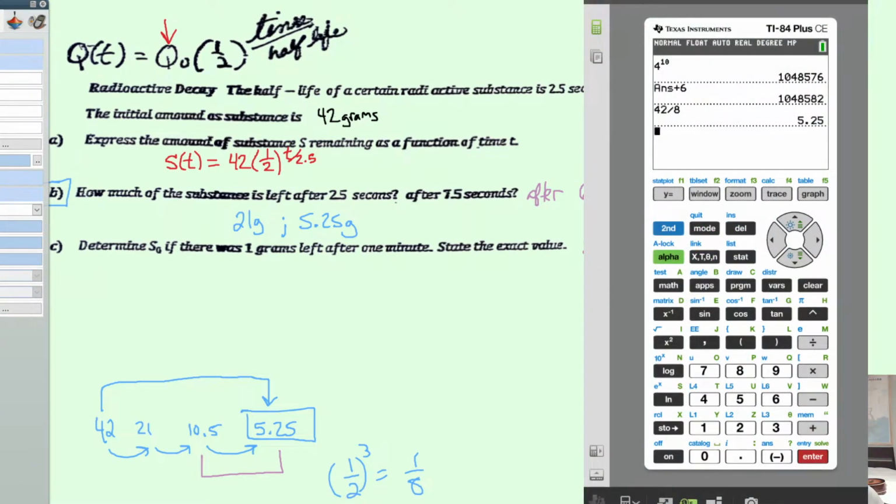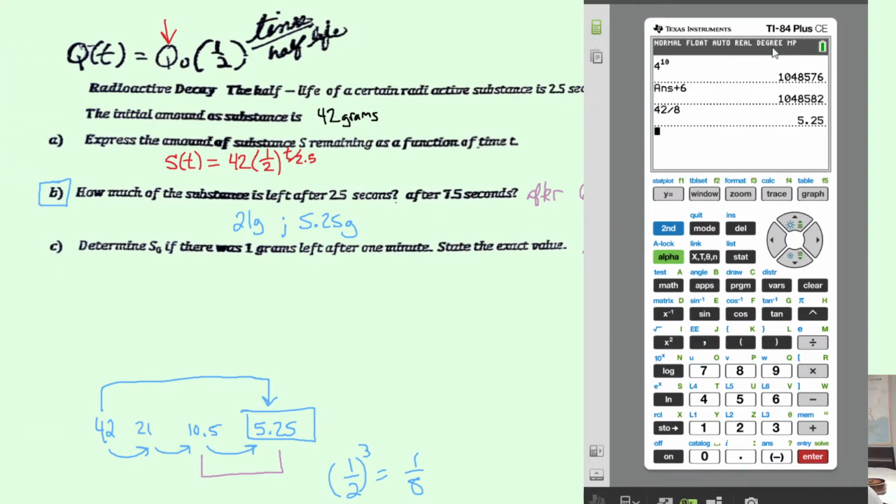Let's play it like we only had a scientific calculator. So you figure out what is 6 divided by 2.5. It's 2.4. So I would be doing a half to that power.